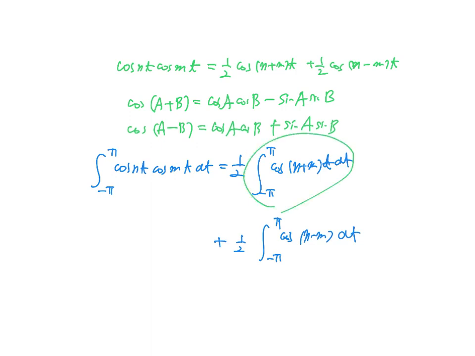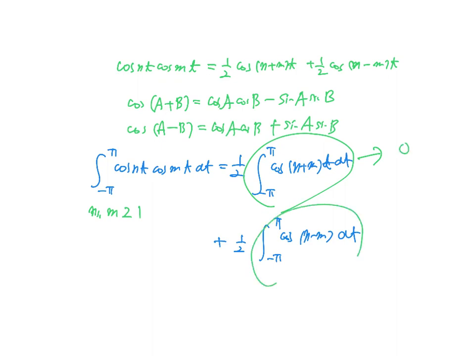This part of the integral is always, since n and m are greater than 1, this part of the integral is always 0, right?